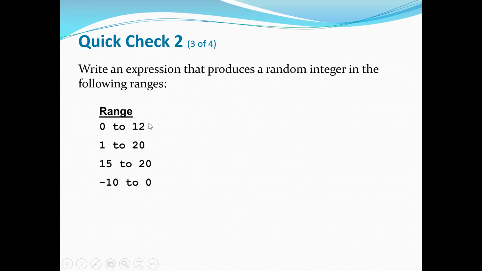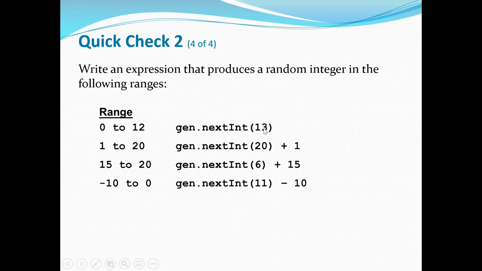So here we should write an expression that produces a random integer in the following ranges. If I need from 0 to 12, I'm just going to put 13, since it will generate only one number from 0 to 12. For starting from 1, if I put 20, it's going to generate 0 to 19, so I add 1 to start from 1 to 20.